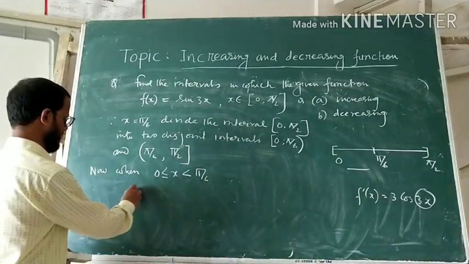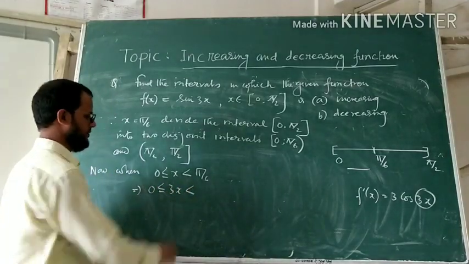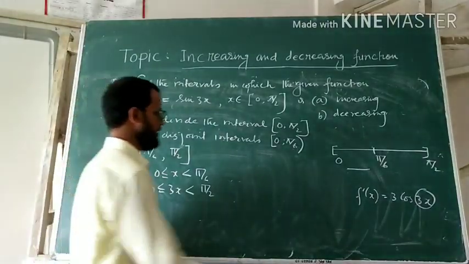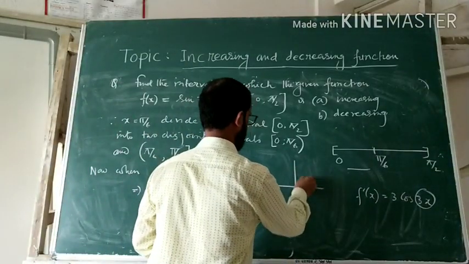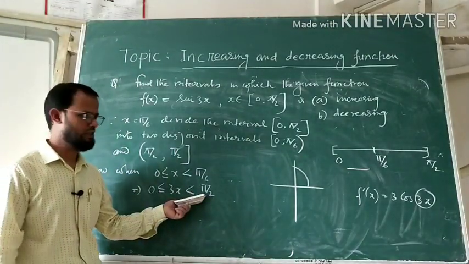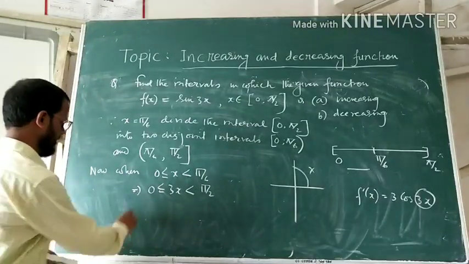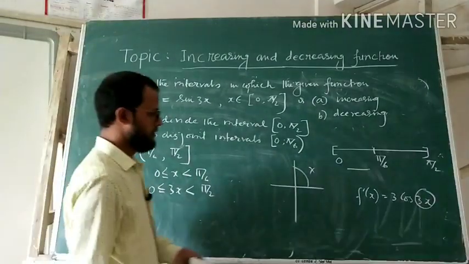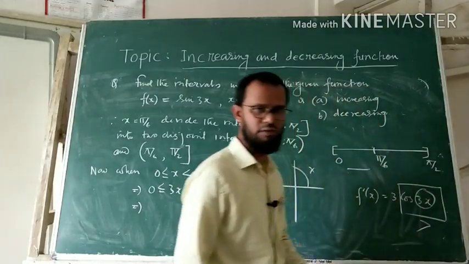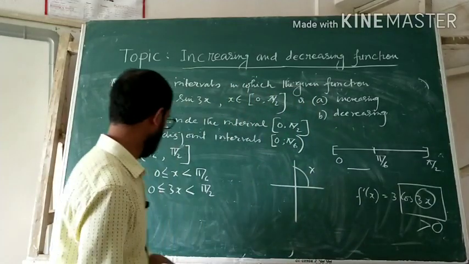So multiplying by 3, 0 less than equal to 3x less than pi by 2. Okay, it means your 3x angle lies in the first quadrant, 0 से pi by 2 तक, pi by 2 से थोड़ा छोटा, and in the first quadrant cos A is positive. This cos 3x will be a positive quantity, और उसके साथ 3 मल्टीप्लाई करो तो पॉजिटिव हो जाएगी.